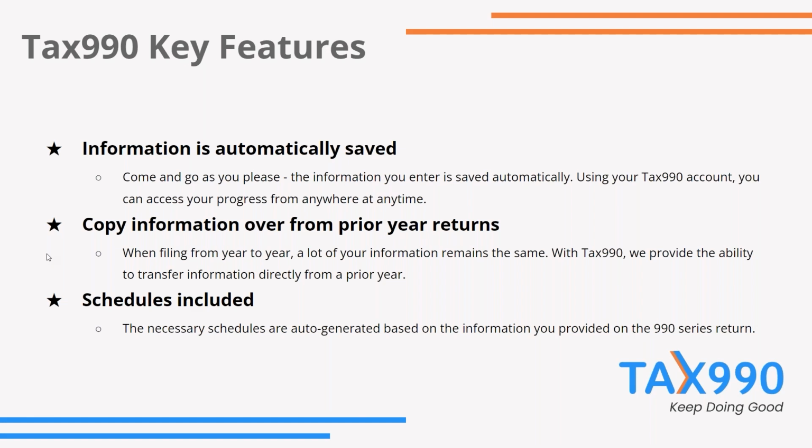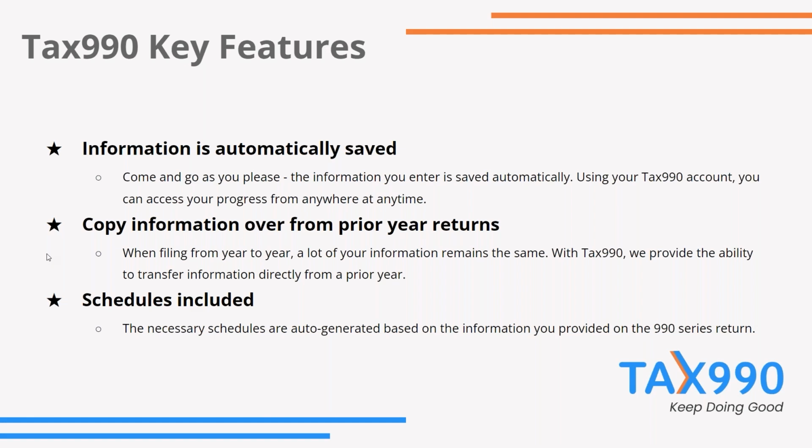So when filing consecutive years, the organization information, public charity status, books in the care of details, Schedule B contributor names and addresses, list of officers, and prior year revenue and expenses can all be transferred to the current year return. But this is an optional feature and information can be changed once the transfer is made, which leaves it pretty customizable.